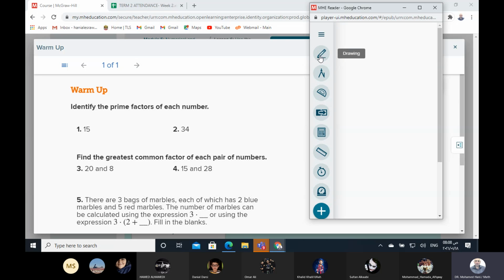Start, please. 15 equals 3 times 5. 3 is prime and 5 is prime.